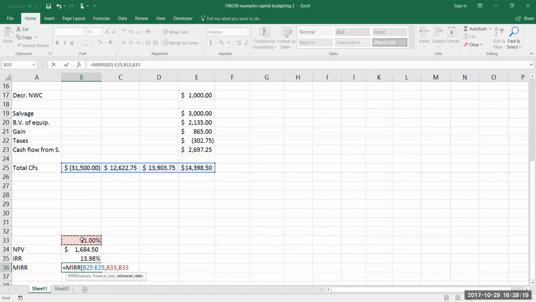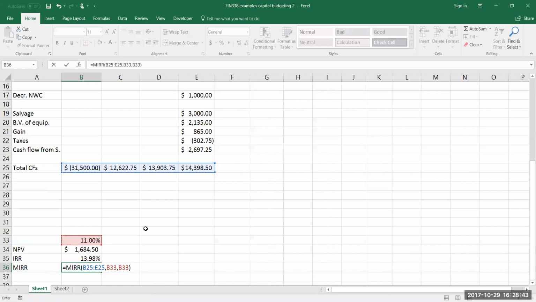The reason is that if we had a lot of really good projects available, we should already be doing them, which means the only projects I haven't yet done are the ones offering a rate of return much closer to the risk-adjusted cost of capital. So that's why we're going to use a reinvestment assumption of 11%.